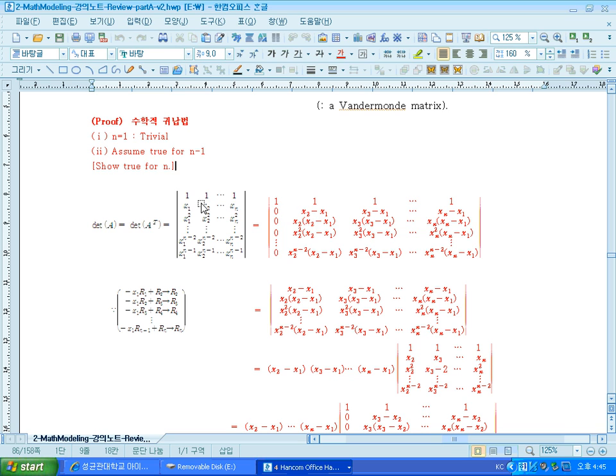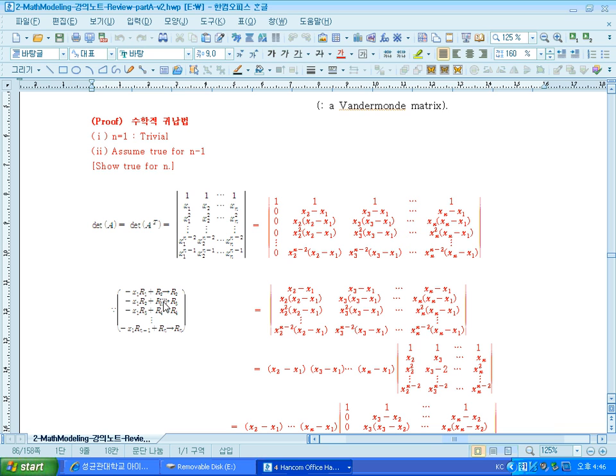If we multiply minus x1 on the third row and add it to the fourth row, then we will have the fourth row, and so on. So if we do this elementary row operation on this matrix, then we will have this.